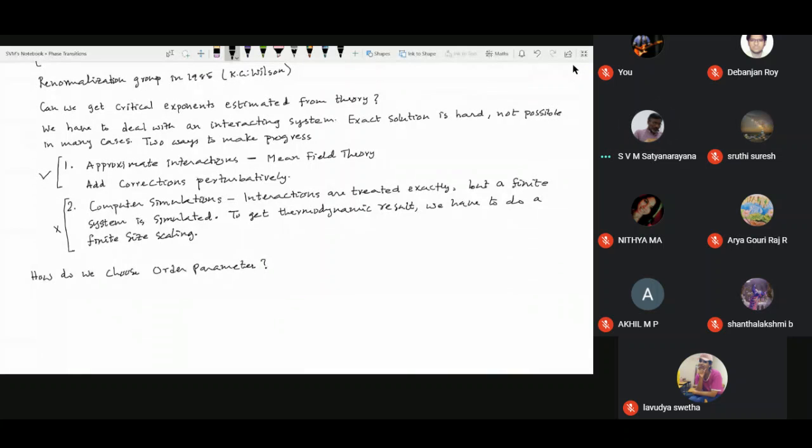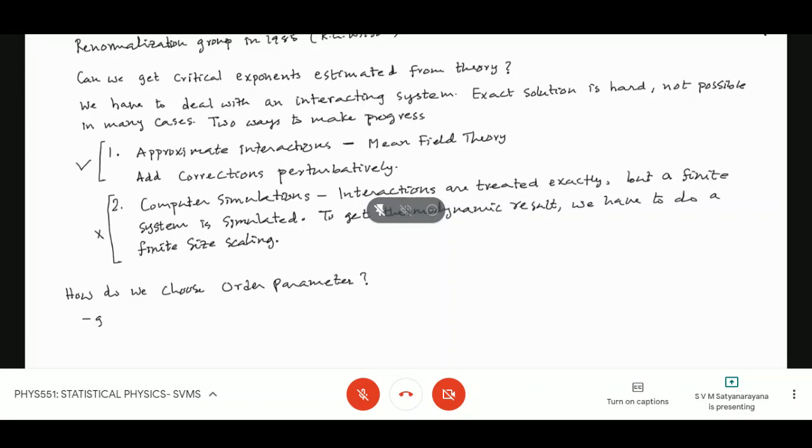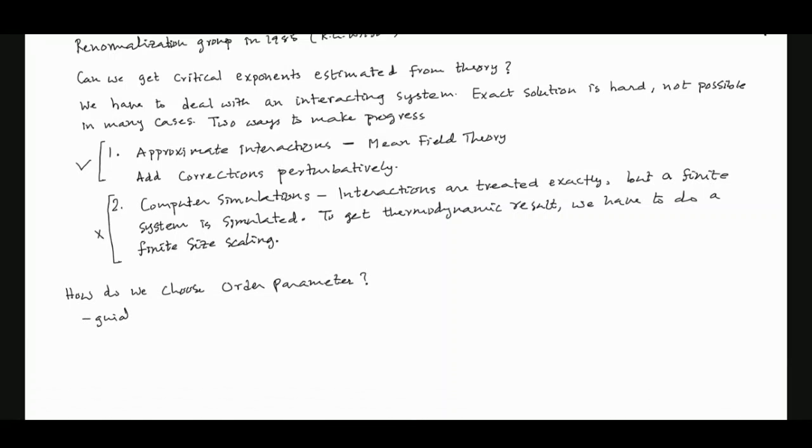But one guideline, or a thumb rule, is that your order parameter and the Hamiltonian share the same symmetry. This is not sufficient to identify it unambiguously, but it should share the same symmetry.